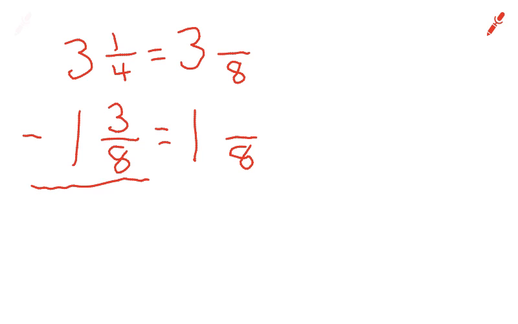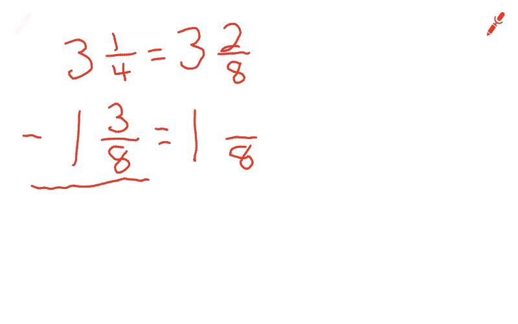Now we ask, 4 times what will equal 8? 4 times 2 is 8. So whatever we do to the bottom, times 2, we need to do to the top. 1 times 2 is 2.